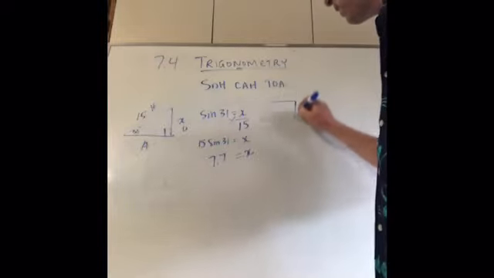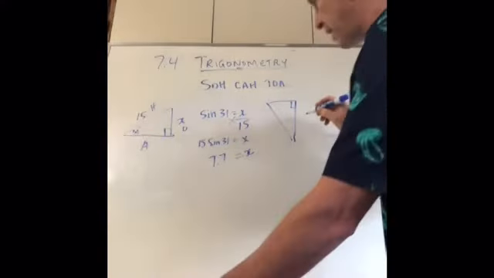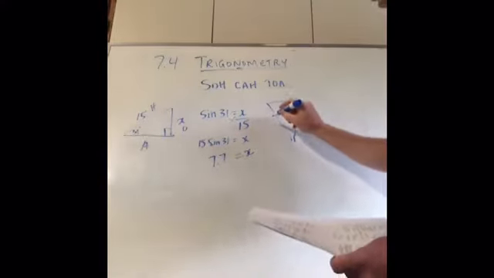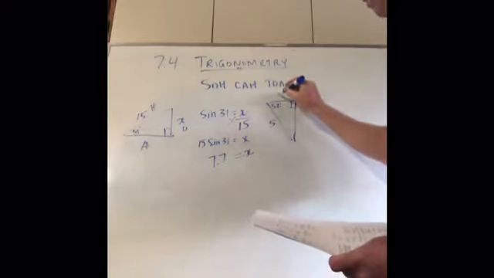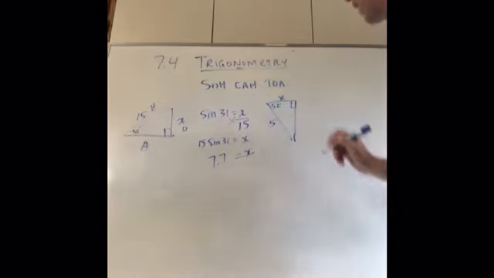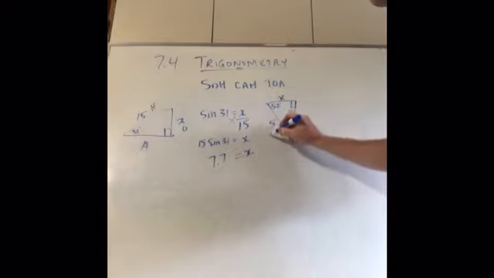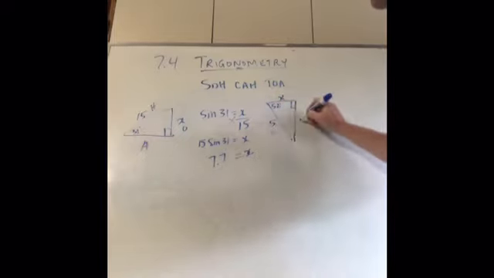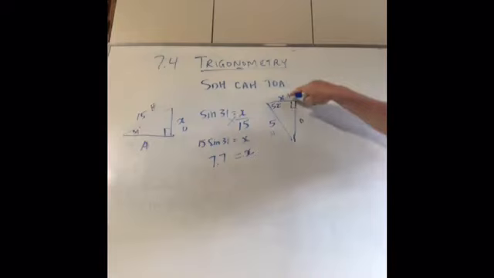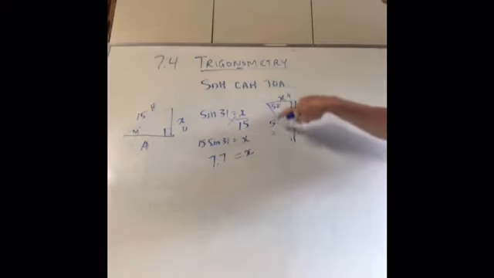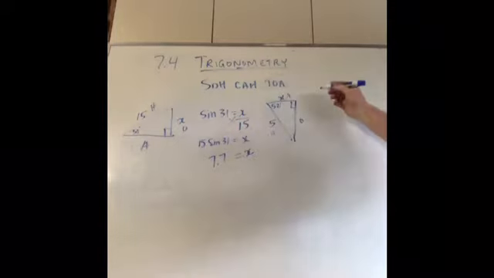All right, and another example here. Once again, right angle triangle. This trig only works for right angles. Our hypotenuse here is 5. We'll call this 52 degrees, and we want to figure out what x is. So if this is our angle right here, this is our hypotenuse side, this is our opposite side, this is our adjacent side. In this question, adjacent is the side that we're trying to figure out, and hypotenuse we have. So since we have adjacent and hypotenuse, we're going to use our cosine function.